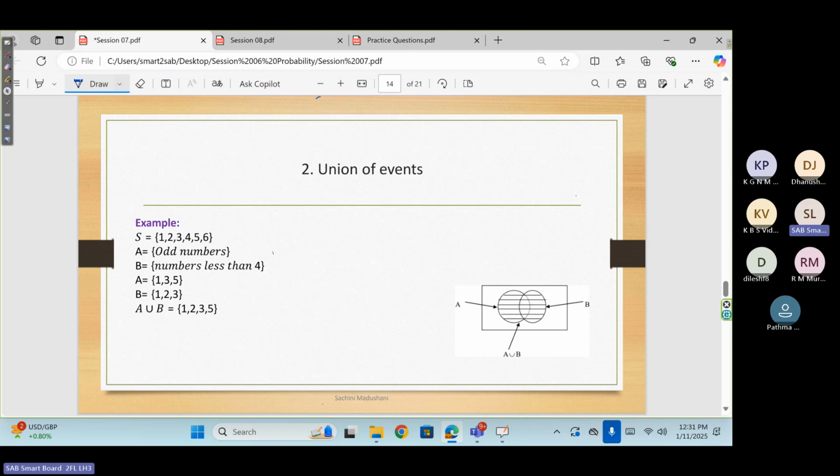In here, the circles represent event A and event B, and union means we cover all the elements. Then here, take the example. The sample space is the numbers 1 to 6. A is odd numbers. B is numbers less than 4. Previous example.